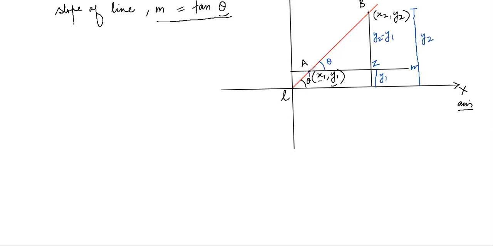Similarly, I can say, students, this distance Z is basically this distance x1 minus this distance x2. I'm sorry, this is x2 and this is x1. So this is x2 minus x1.